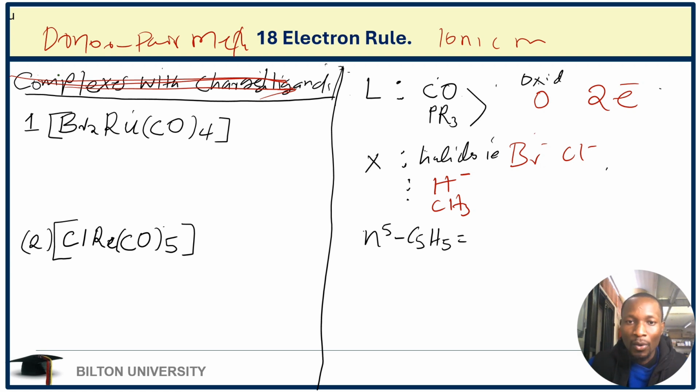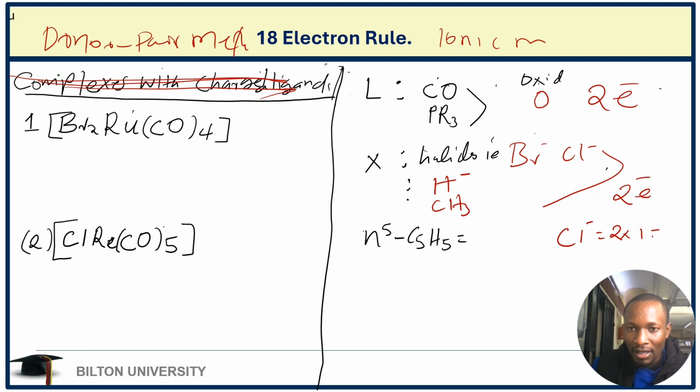In total, when we're looking at the donor pair method, the X types contribute 2 electrons each. So if I have a chloride ion, it's going to be 2 times 1, which is 2 electrons. But if I have 2 chlorides, it's 2 times 2, which is 4 electrons.